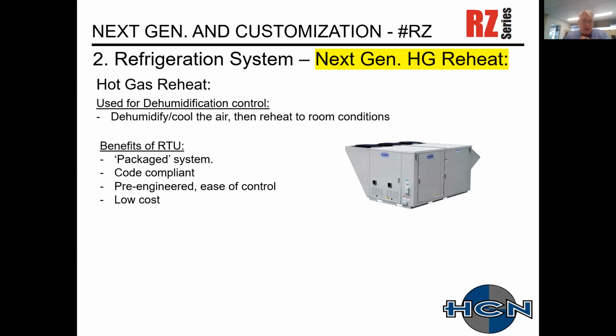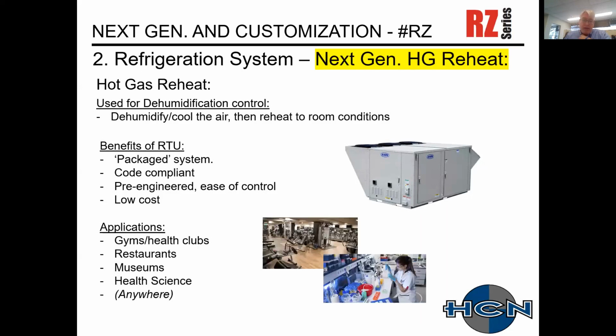This satisfies the code that you're not simultaneously cooling and heating. It's pre-engineered and low cost. Applications are not just places with a high latent load like gyms and restaurants, or facilities that have tight humidity and RH requirements. A lot of times you're just seeing these automatically included in your selection.